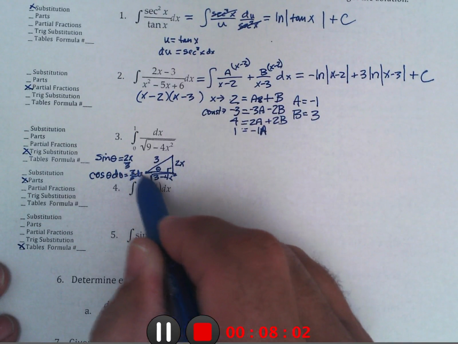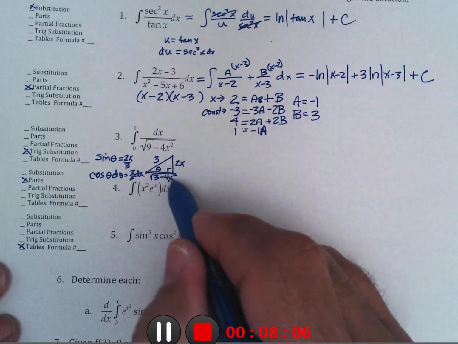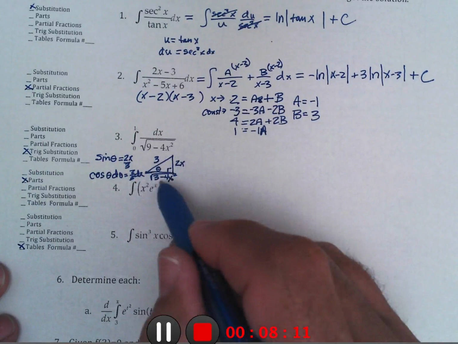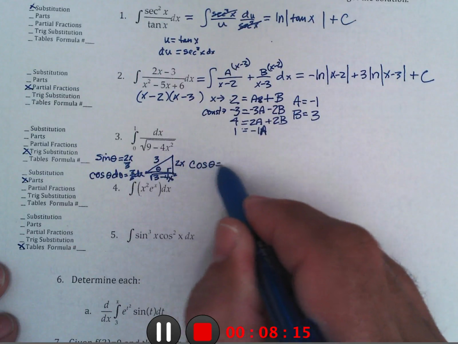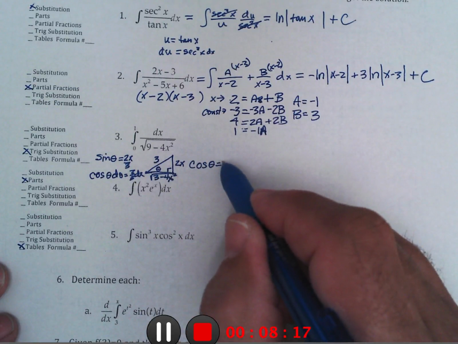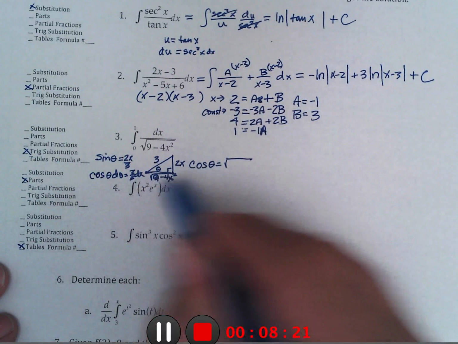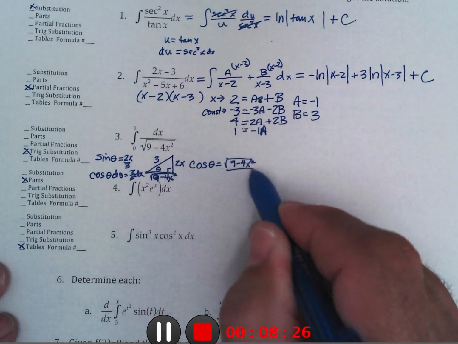And I have to have an expression for that square root. So I'll do cosine, because that'll put that in the numerator. The cosine of theta would be that square root of 9 minus 4x squared divided by 3.